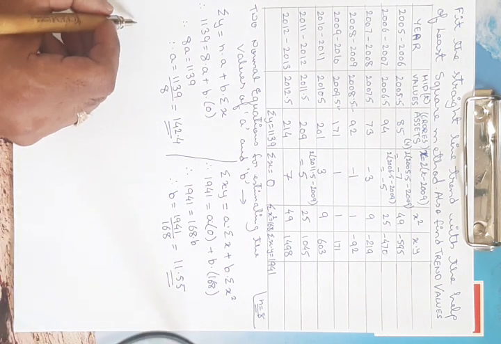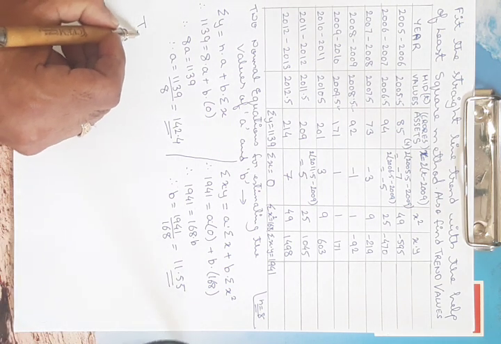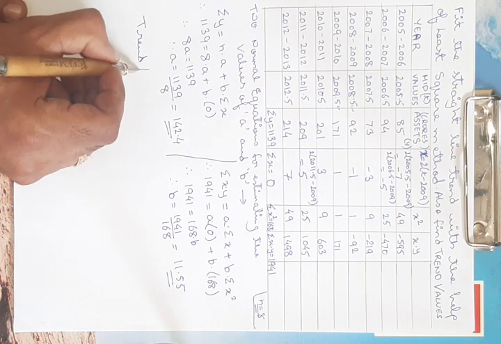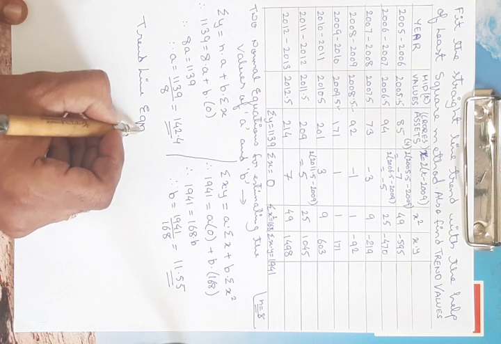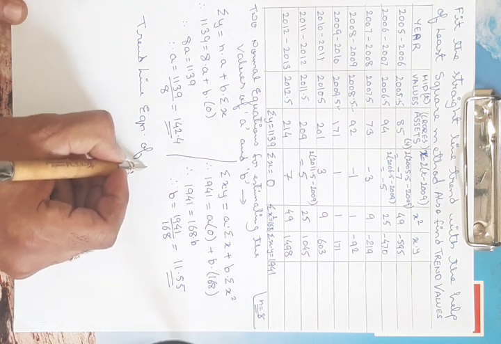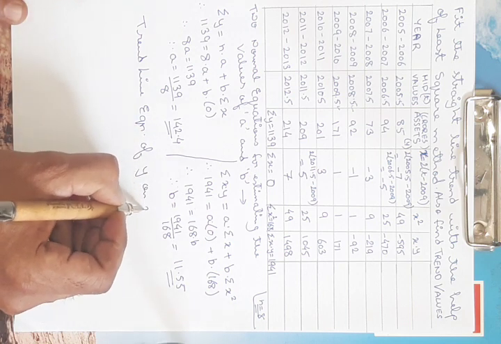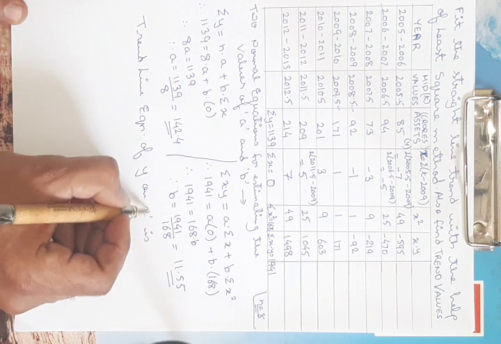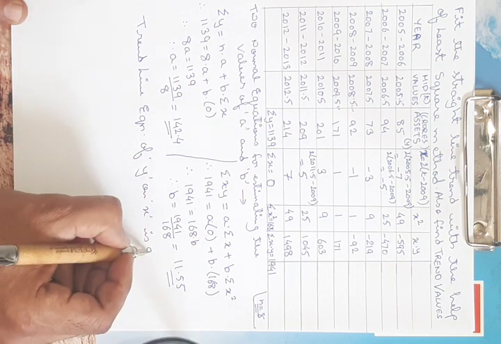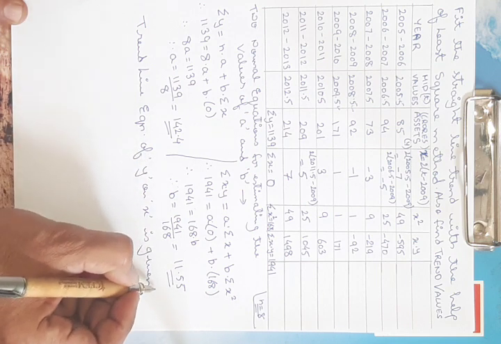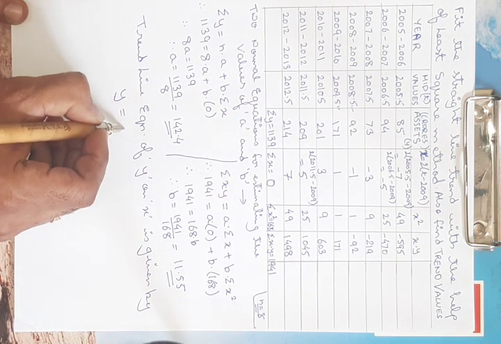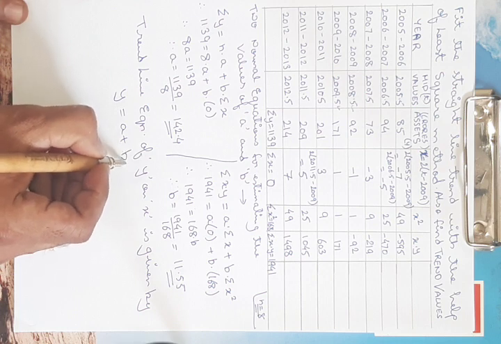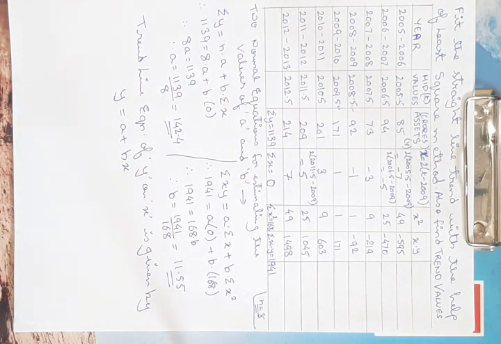Now the trend line equation. So what is the trend line equation? The trend line equation of y on x is given by y is equal to a plus bx. This is the trend line equation.